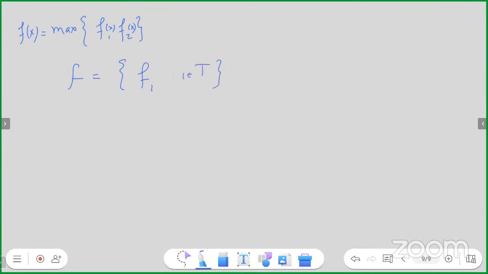Countable, uncountable, I don't care. Now define f of x to be the supremum over f_i, where i belongs to the index set. This will also have the same property as it.